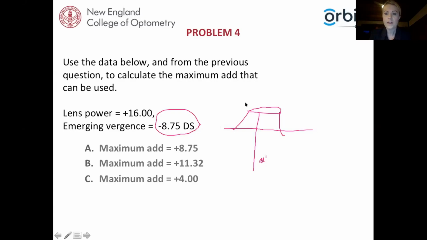The maximum spectacle prescription that I can use with this stand magnifier is when my lens is right up against the stand magnifier. When that distance is very close, the maximum add that I can prescribe is driven by this image distance, which is equivalent in power but opposite in sign to the emerging vergence here.